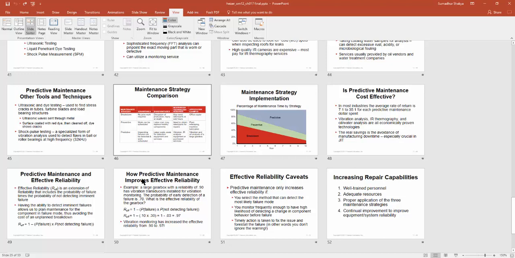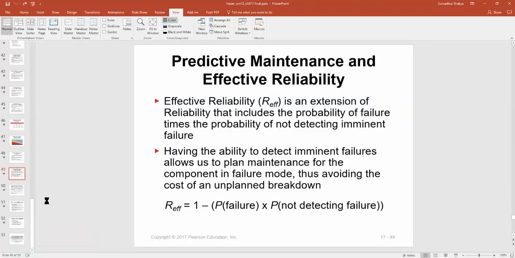The next thing, predictive maintenance. I already mentioned it a little bit, but predictive maintenance can be thought of as the probability of failure, and not only the probability of failure, but at what time. This is the probability of failure when you did not detect, because that's when the trouble is going to happen.